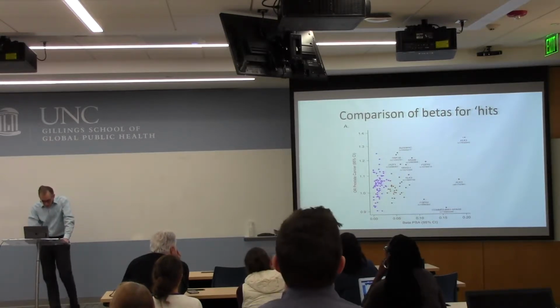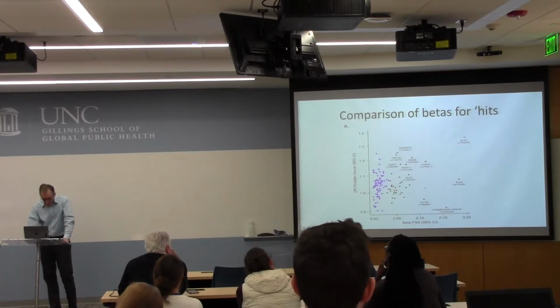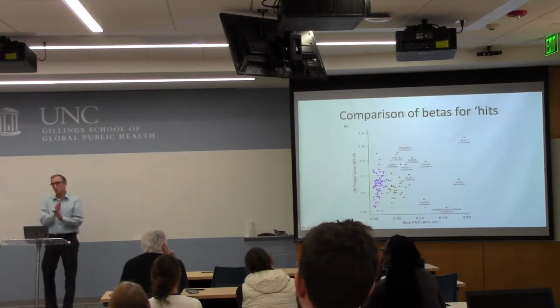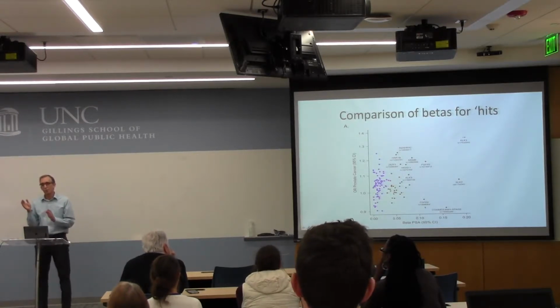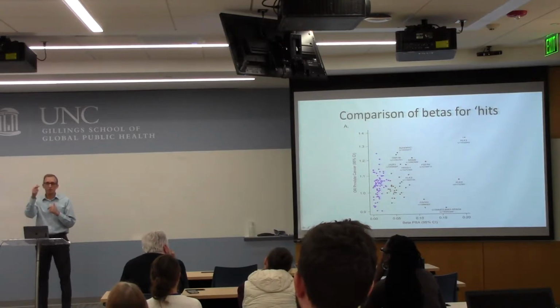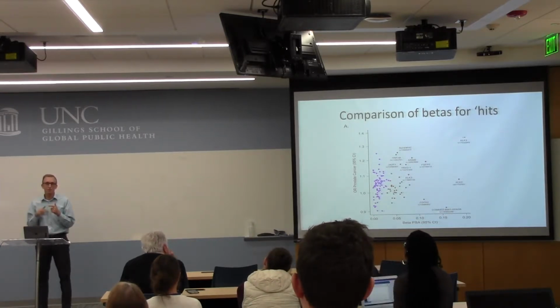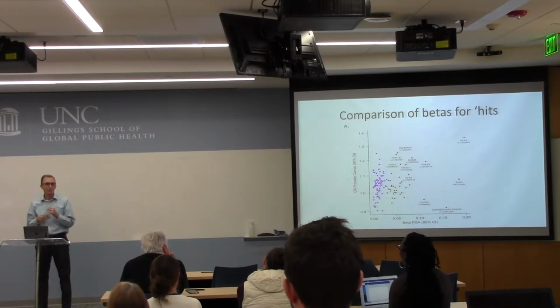Look right here at this FGFR, this one's really interesting because they're both associated with increased PSA levels, but one is associated positively with prostate cancer and one is inversely associated with prostate cancer.